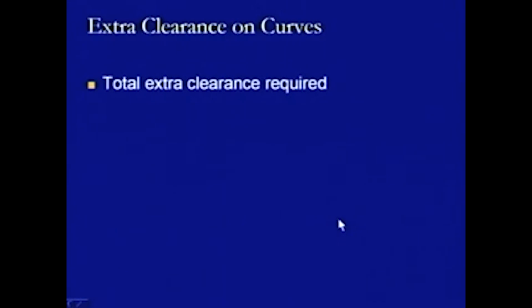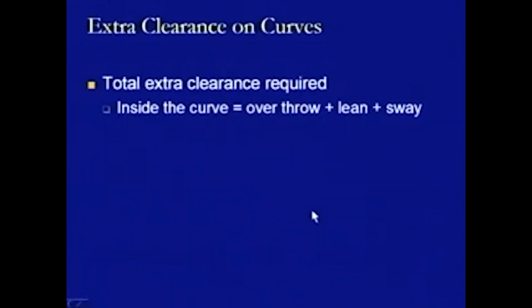Now, once we have got all these clearances, what is the total amount of clearance to be provided? The total clearance required is to be computed for both conditions, that is for the inside of the curve as well as the outside of the curve. In the case of the inside of the curve, as we have seen, the effect is in terms of overthrow, plus the effect of lean of the vehicle due to super elevation, and also the effect of sway due to oscillation.